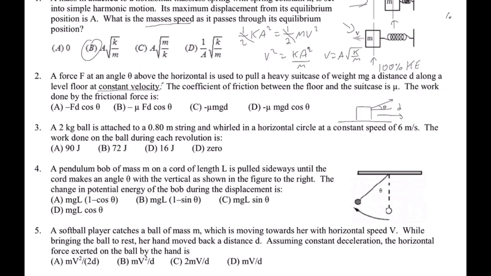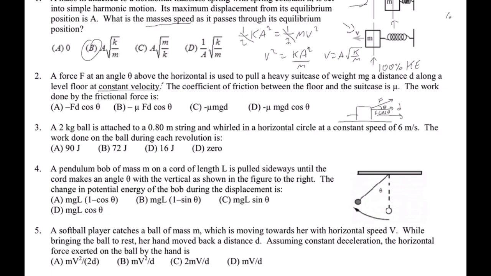And for work, the only force that matters is the force that is acting in the direction of the motion, right? So the only force that we're worried about here is this one, which, if that's the hypotenuse, would be F cosine theta, right? And friction acts opposite of motion.